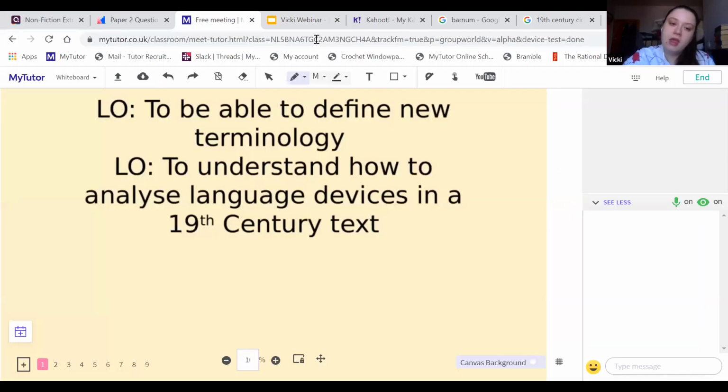It's very similar in terms of the things we're going to be looking at, but how they are presented is very different because we're looking at two different time periods. We're going to be working on defining that new terminology that we looked at last lesson. Loads of you said, oh my goodness, I haven't heard of most of these. That's absolutely fine. This is what I would call, as a teacher, a stretch and challenge, giving you a little bit more to play with in your answers.